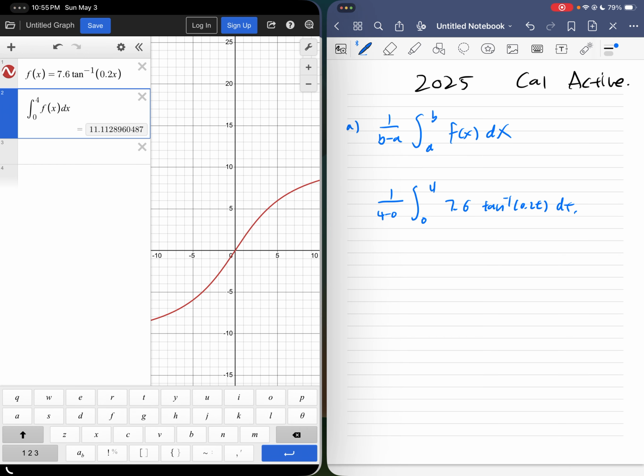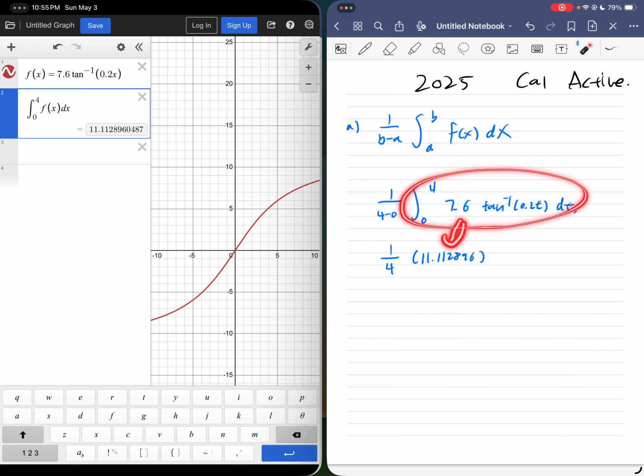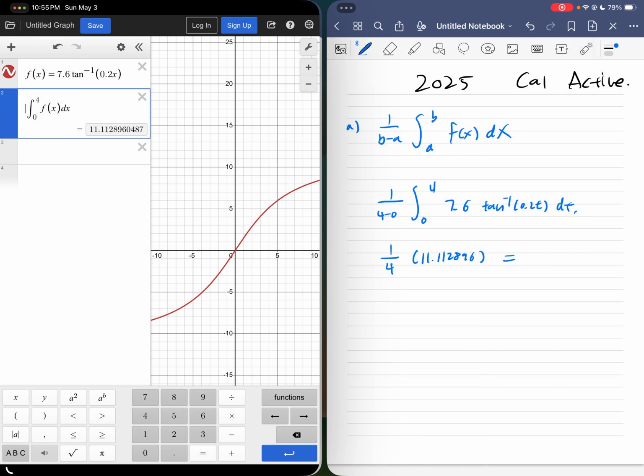The integral comes out to 11.112896. Then the only thing I really have to do is put 1 over 4 here, which gives 2.778. That's it. You don't have to worry about the unit when you do the antiderivative in this case. So we're good. So let's do part B.